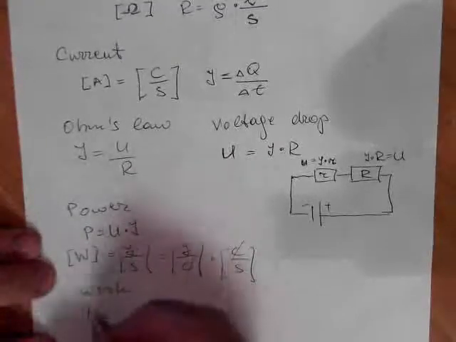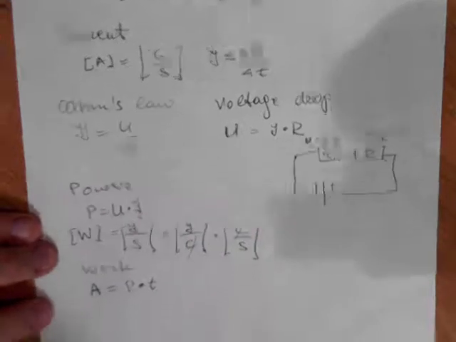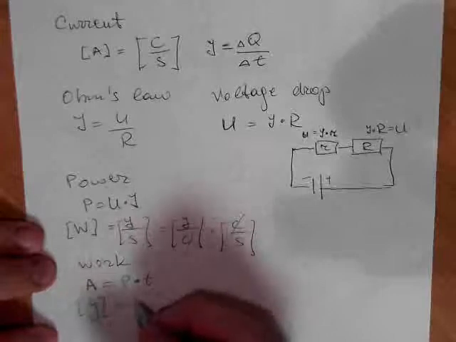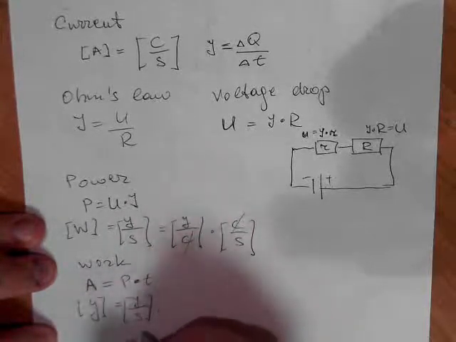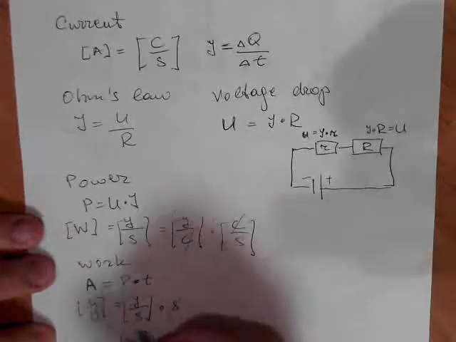The other thing is work, which is A, power times time. It is measured in joules: power in joules per second or watts, times seconds, and the seconds cancel out and you get joules.